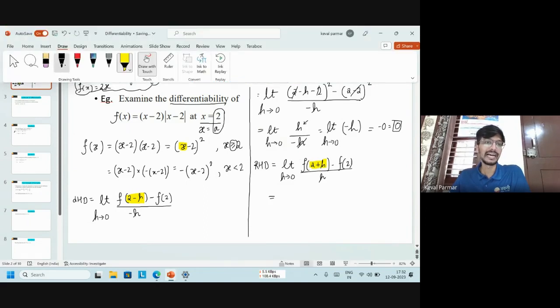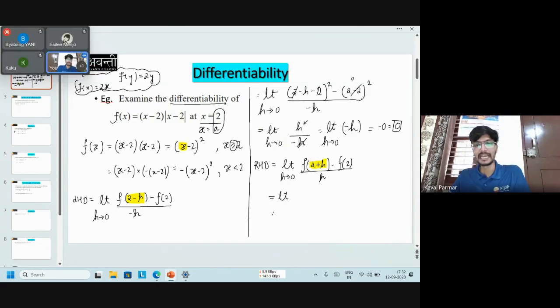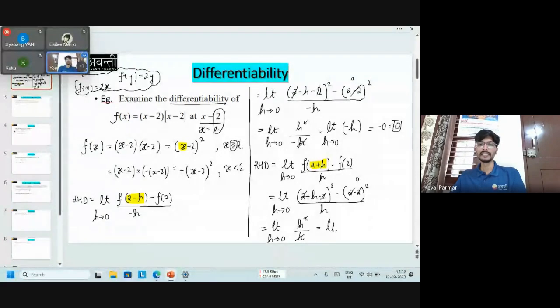So I will get limit h tends to 0, 2 plus h minus 2 the whole square minus 2 minus 2 the whole square, upon h. Again this will be 0. So limit h tends to 0, h square upon h. The h and h get cancelled, so I get limit h tends to 0 of h, which is equal to 0.